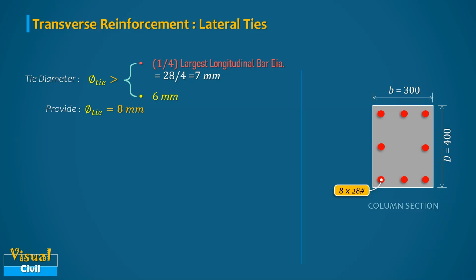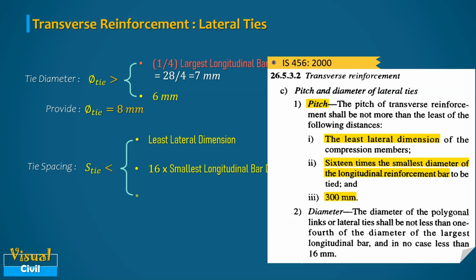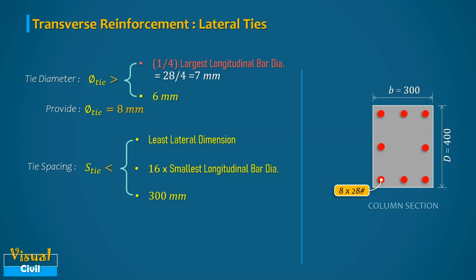Next, the spacing of the ties shall not be more than the least of the following. First, the least lateral dimension. Second, 16 times the smallest diameter of longitudinal bar. And third, 300 mm. Here, first, least lateral dimension is 300 mm.